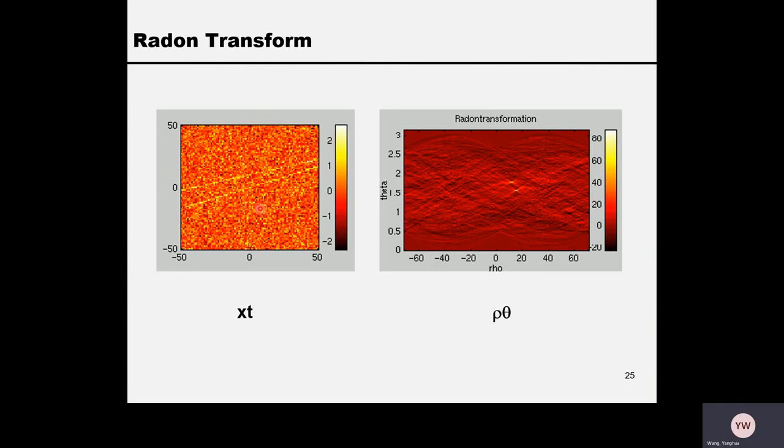That's the radon transform. And in the seismic community, typically for data processing, we do not use the angle and the distance, but we use intercept time, tau, and the dip, p. So we just straightforwardly call it the tau-p transform.